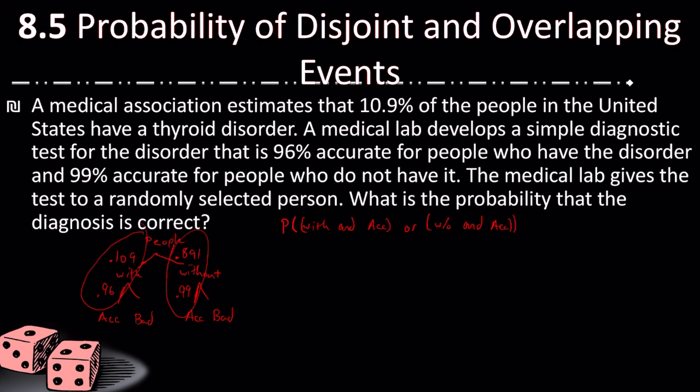Well, that looks complicated, but it's an or, so we could split it up with addition. And we'd have to subtract that they both have the disorder and don't have the disorder, but that doesn't happen. You either have it or you don't. So the overlap is 0.